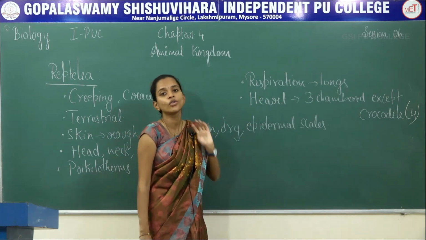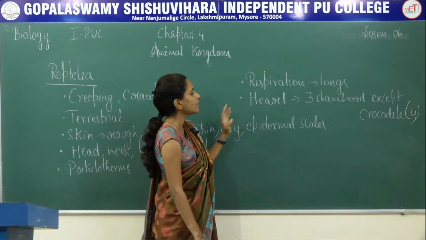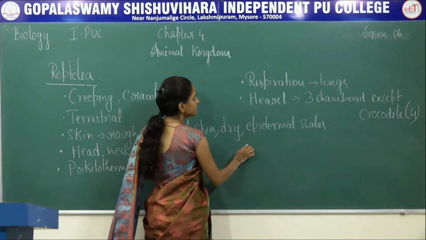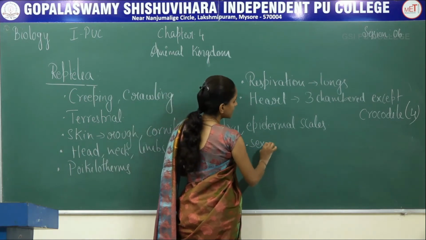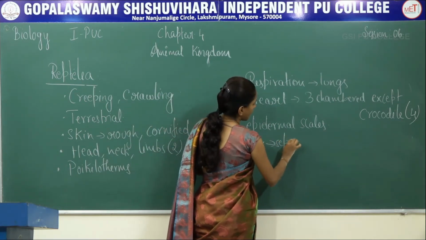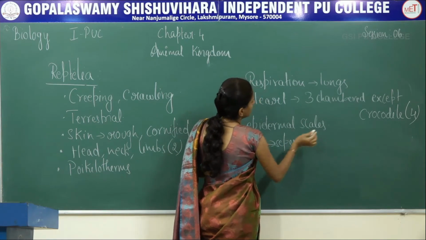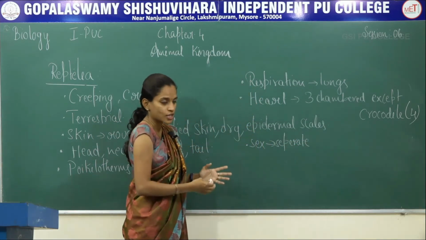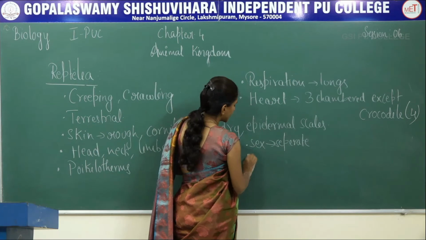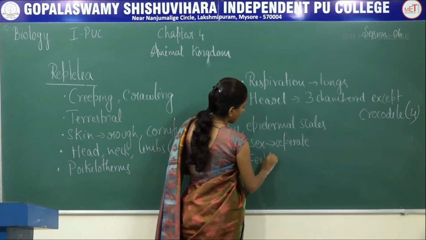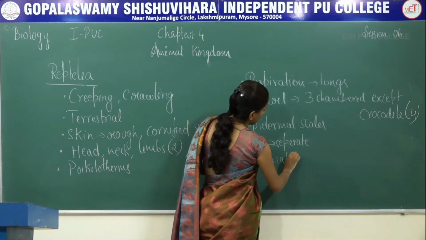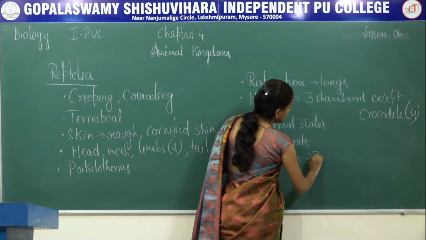Crocodiles have 4-chambered heart. When it comes to their reproduction, here sexes are separate. It is obvious that they undergo sexual reproduction. Next, fertilization is internal.